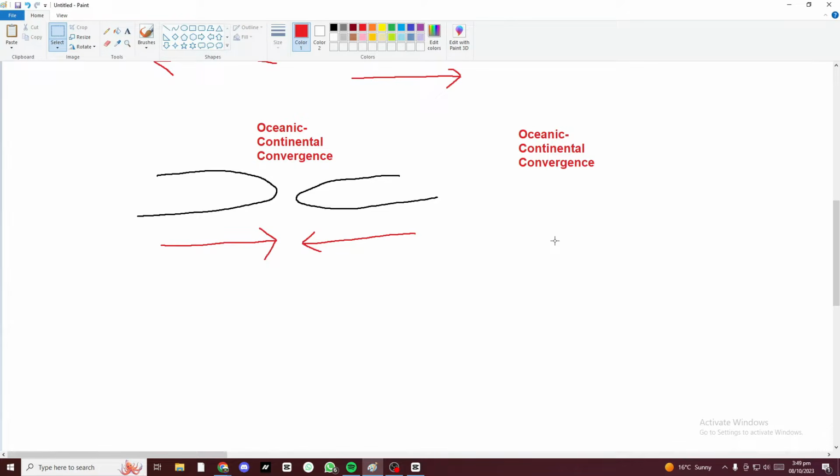So this will result in a denser oceanic plate being forced beneath the continental plate. So at an oceanic continental convergence, let me do the oceanic plate in dark. We have the oceanic plate moving below the continental plate, like so.